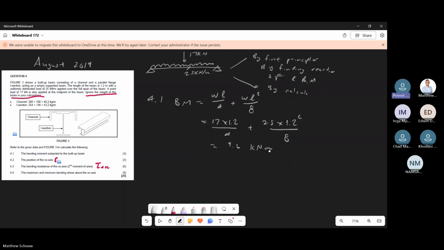Yes, sir. Okay. So coming back here, we have M over I equals stress over y. We're working with the bending. Remember, this is the main bending equation. We've worked out M, and what we actually need to work out is the stress, which is the main thing.